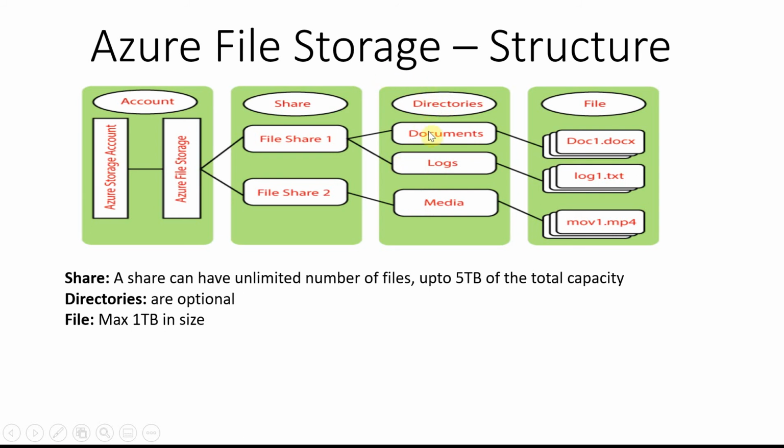Same case for blob storage: containers are important, but inside containers you can create a directory, or what you call a bucket. So here directories are optional. You can directly copy a file to a file share. And the maximum size for a file is 1 TB.